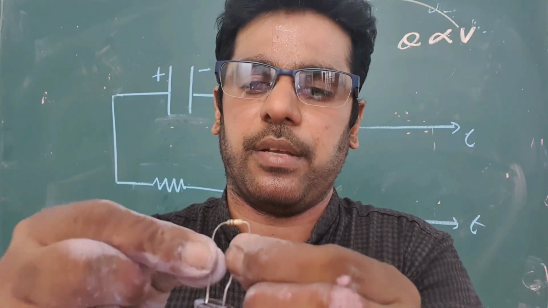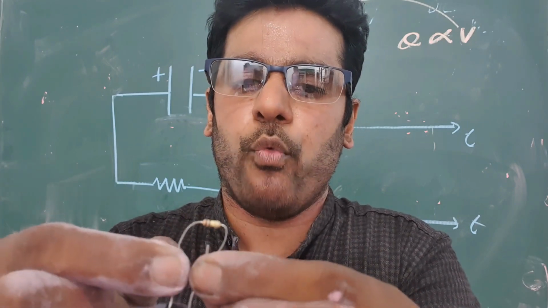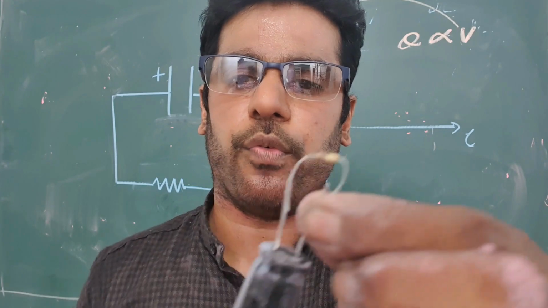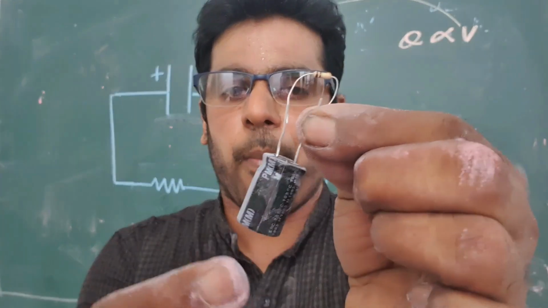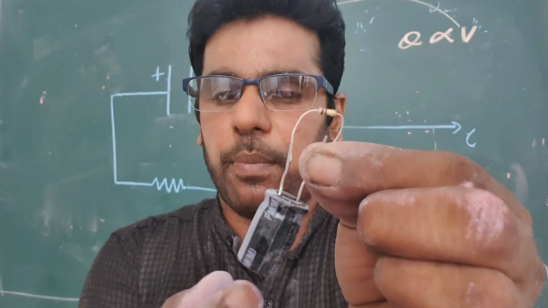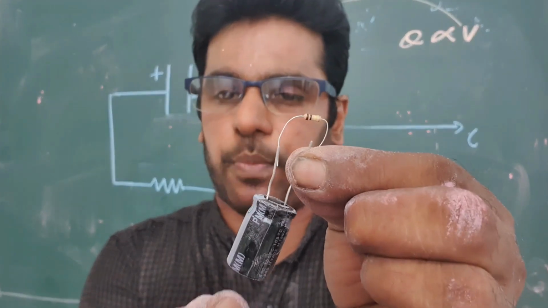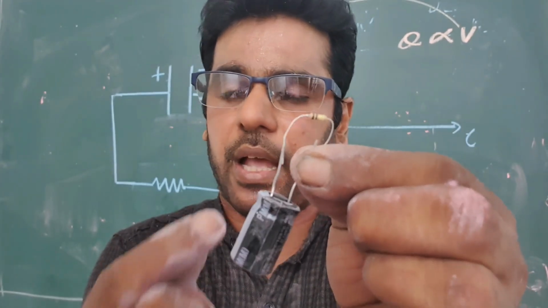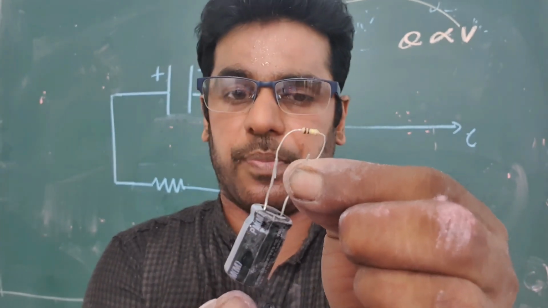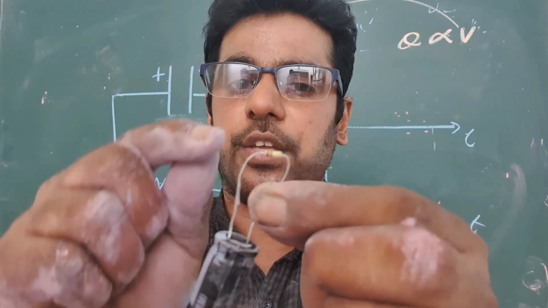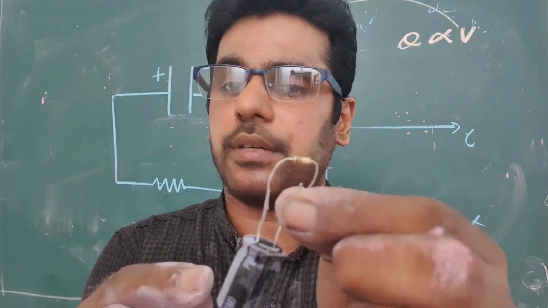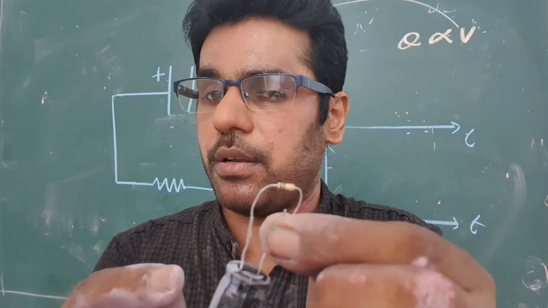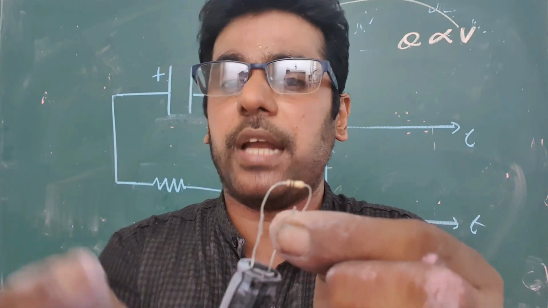Now what's happening here? When I connect these two devices like this, at the very beginning the capacitor has charge because we charged it by using the battery. When we use the resistor like this, current or charge travels from minus to plus.